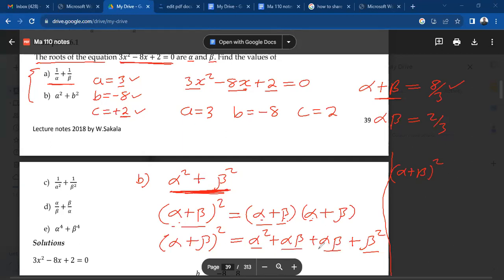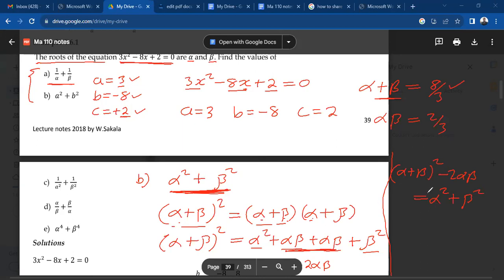So these two, by the way, when you add them, they will give you 2 alpha beta because these two are the same. So these 2 alpha beta, you will take them on the other side, they become minus 2 alpha beta. Then equals, we remain on the right hand side with alpha squared plus beta squared.